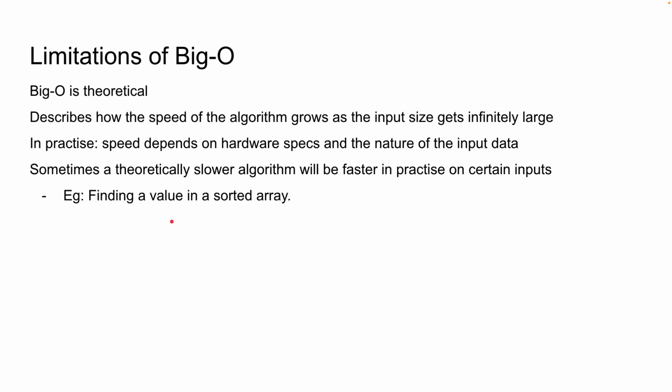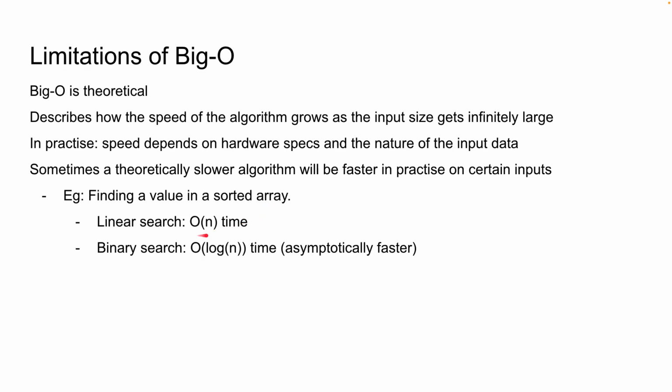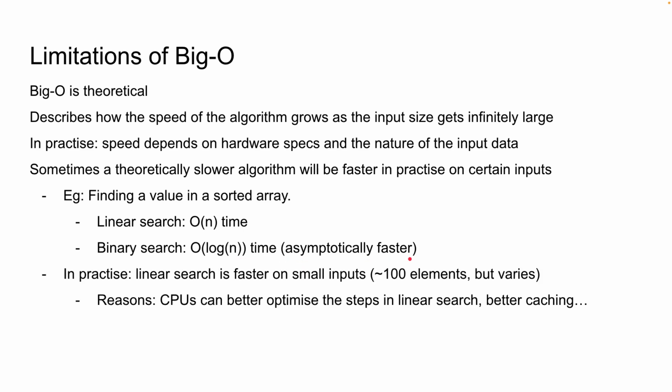So for example, two common algorithms for finding a value in a sorted array are linear search, which runs in O of n time, and binary search, which runs in O of log n time, and so is asymptotically faster. But in practice, linear search actually runs faster on smaller inputs. So I benchmarked this on my computer.